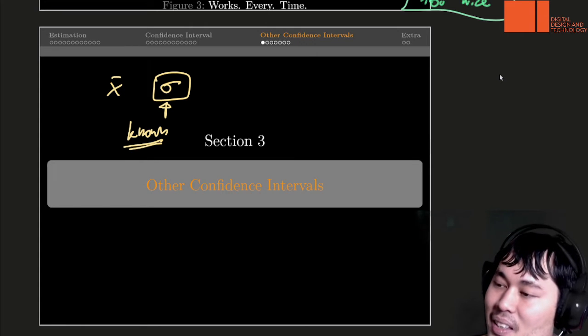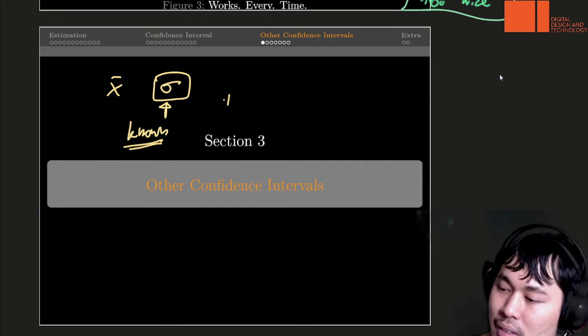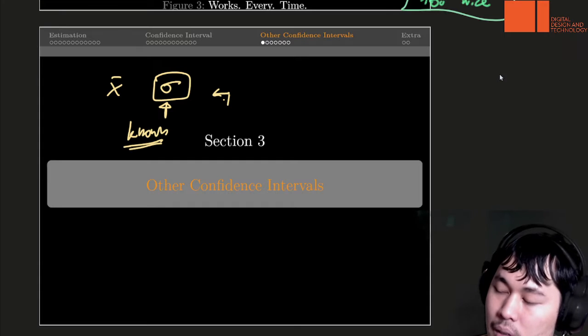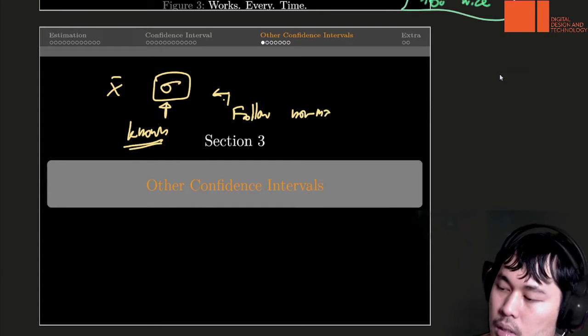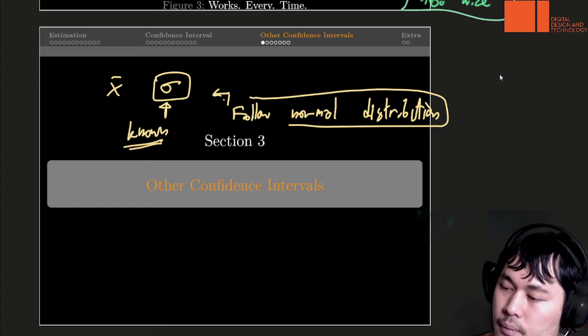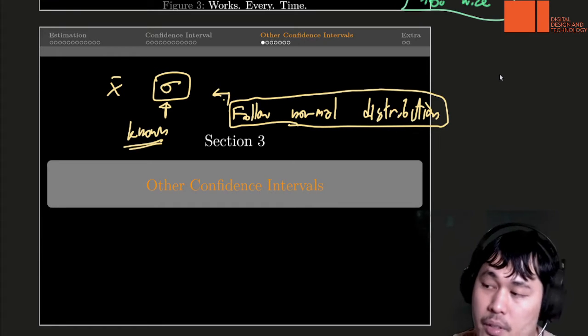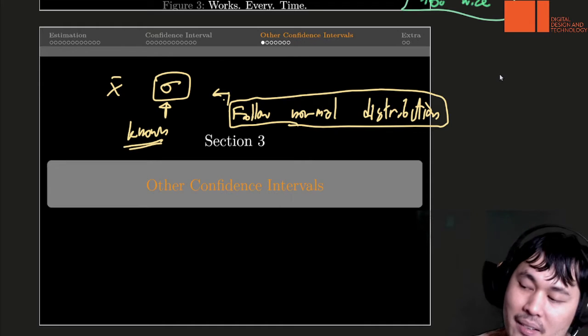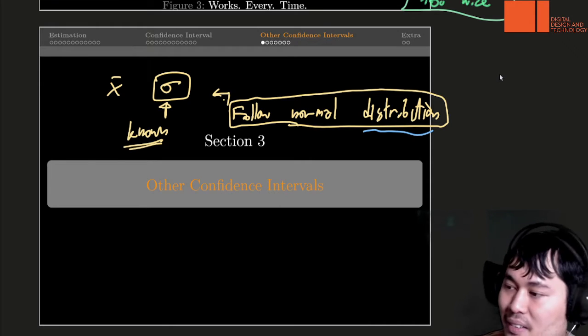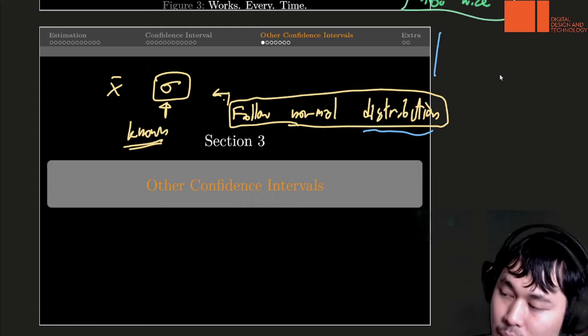And we also assume that this whole thing follows the normal distribution. And that's a big if. I think that has to follow the normal distribution, because recall that when we talk about distributions, there are lots of ways you can make one.